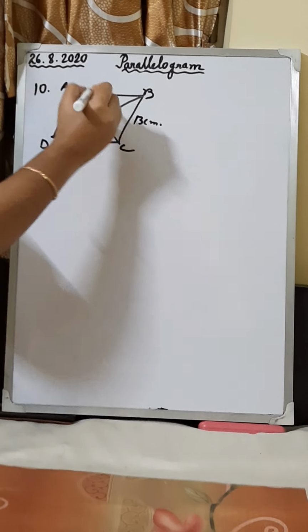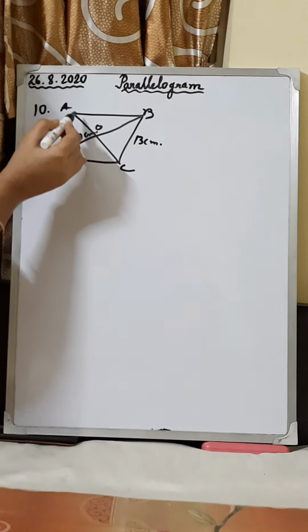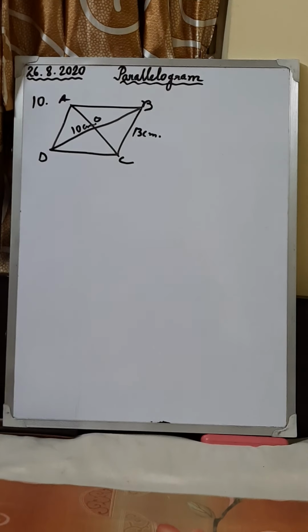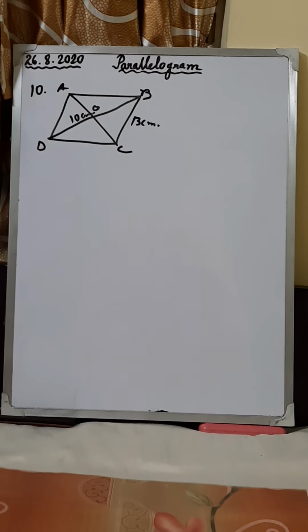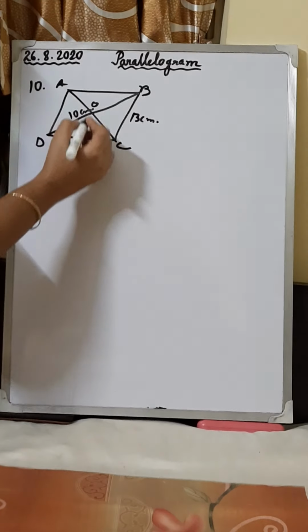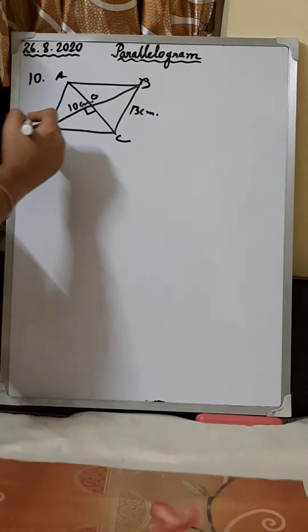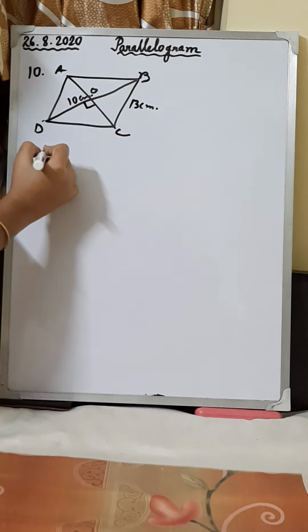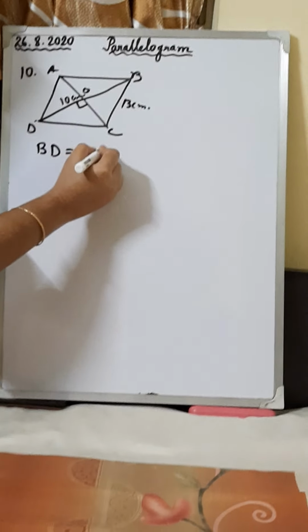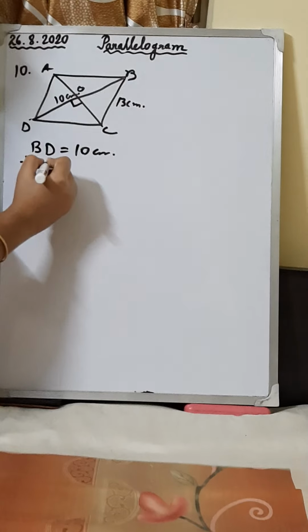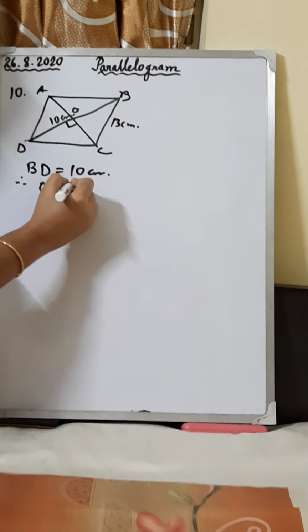Now you have to find the other one. First you know that the diagonals are perpendicular to each other.